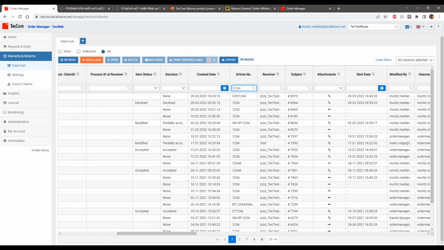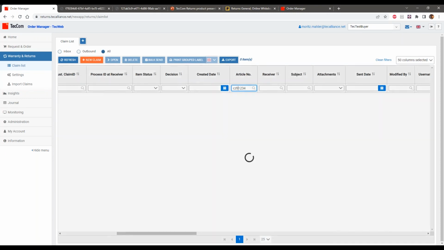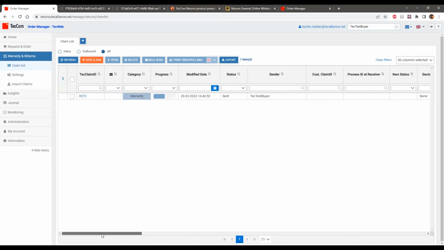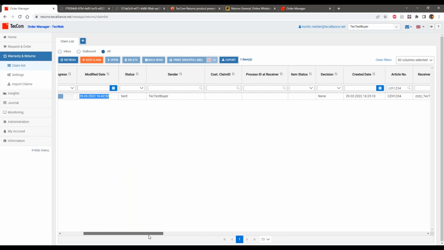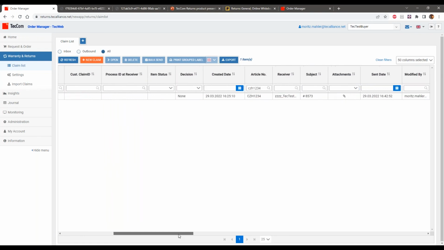So for example, take this CZH. So I got this claim, and I can tell him the progress is sent. Last date when this claim was touched is this date. So you can directly say to him, yeah, it is in progress.